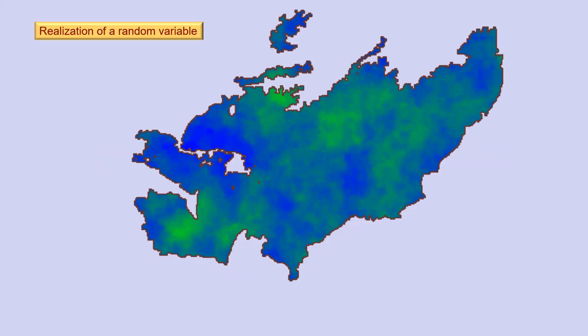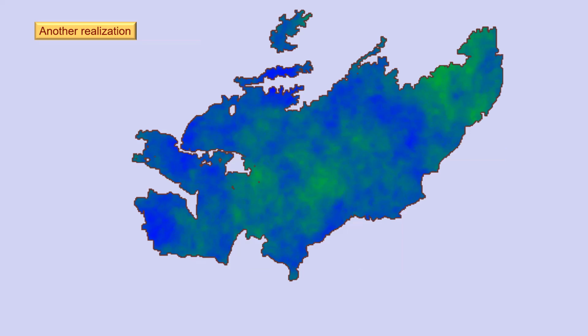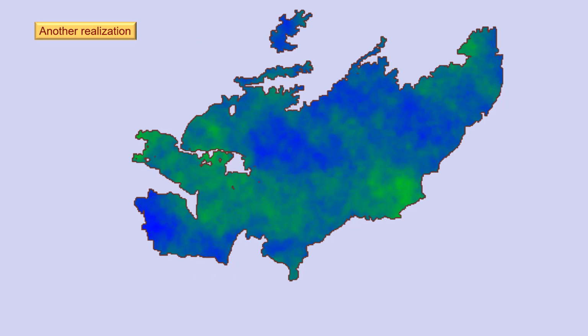So here's another model domain, and here are some random realizations of a hydraulic property throughout that model domain. And suppose that I have samples of that property at, in this case, 5 points.